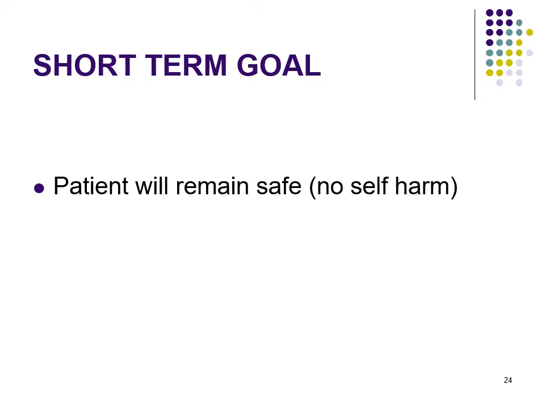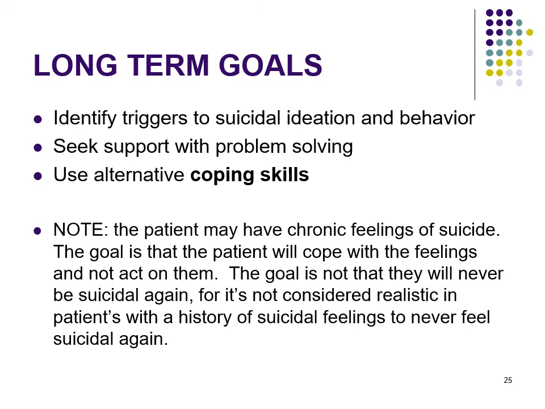All right, so looking at care planning, our short-term goal, of course, is that they're not going to kill themselves, especially, but also that they're not going to harm themselves, and they're going to be okay. And then our long-term goals.